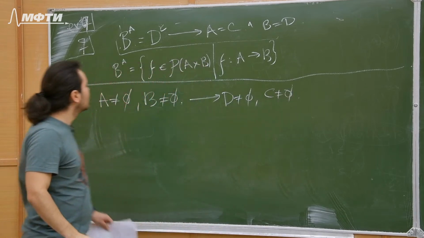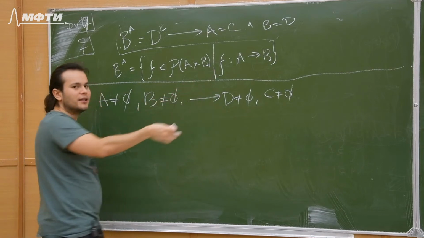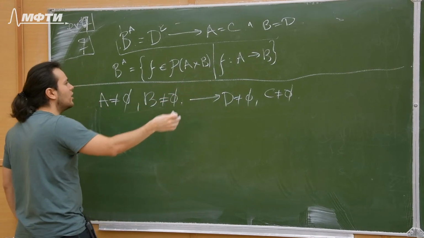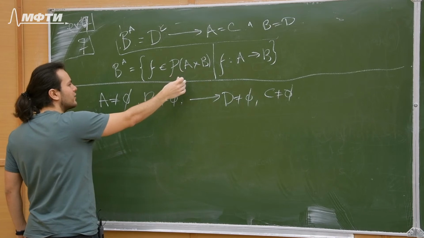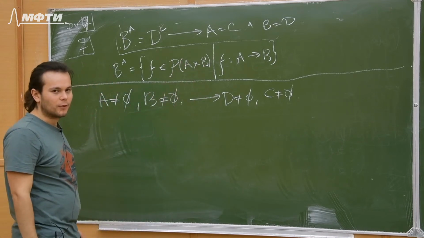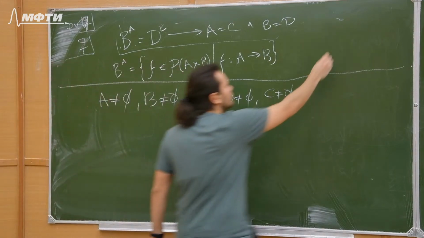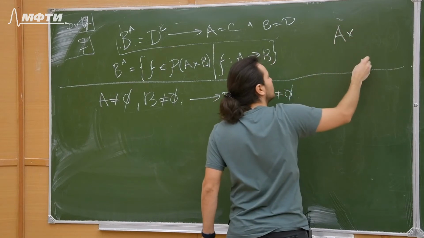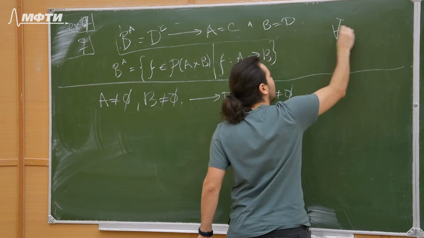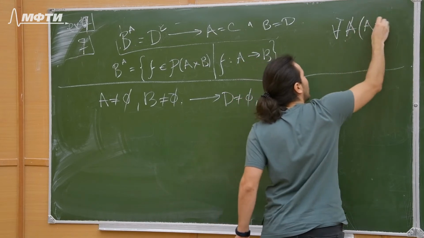Because these functions are elements of the power set of the Cartesian product of A and B. For all A, we have that the Cartesian product of A with the empty set is empty.